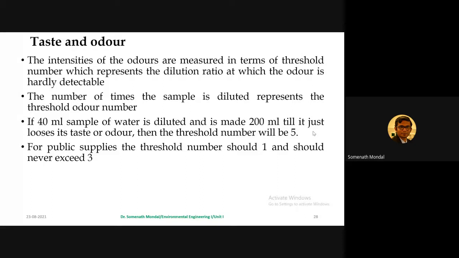Now, if 40 ml of sample is diluted and made 200 ml, till it just loses its taste or odor, then the threshold number will be 5. So now you should be able to understand how taste and odor are measured in case of fresh water. For public use, the threshold number should be around 1, and it should not exceed 3. So that is also important to remember.